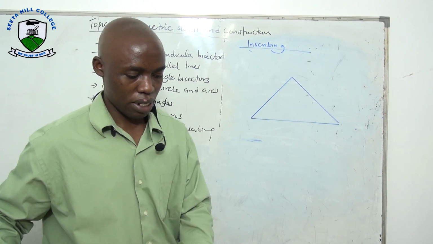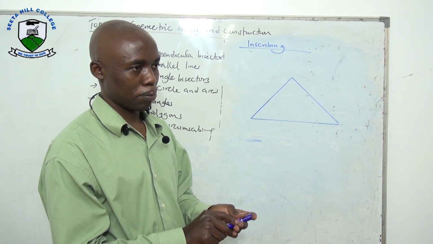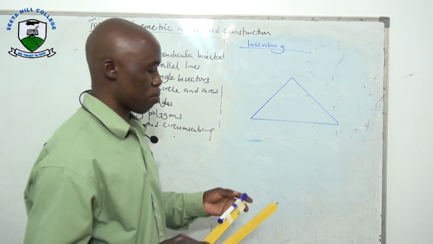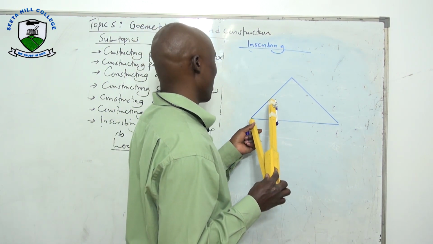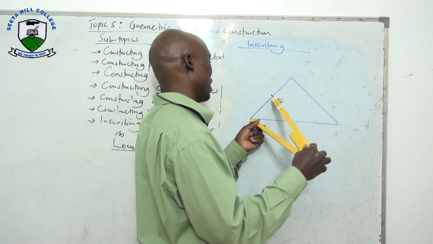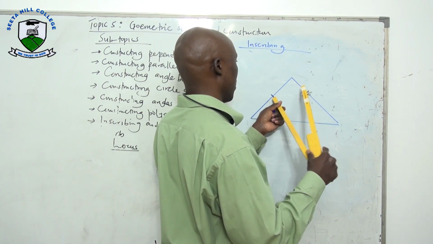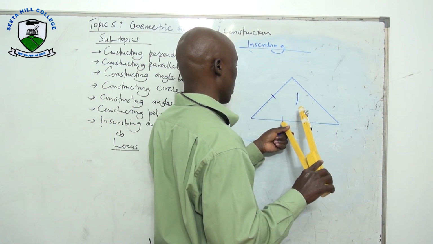Okay, let us finish up with that. How do we draw a circle inside? We have to construct angle bisectors, not so? Bisect. Have it there. Let me adjust so that I'm a bit inside.